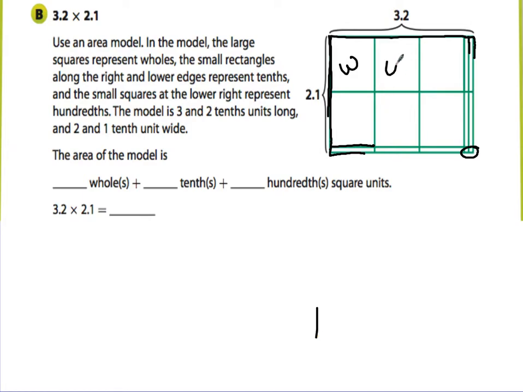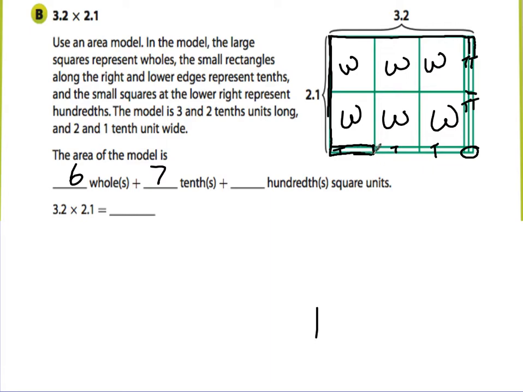We ended up with 1, 2, 3, 4, 5, 6 wholes. You ended up with 1, 2, 3, 4, 5, 6, 7 tenths. Okay, because each one of these, I forgot to show the cuts here.